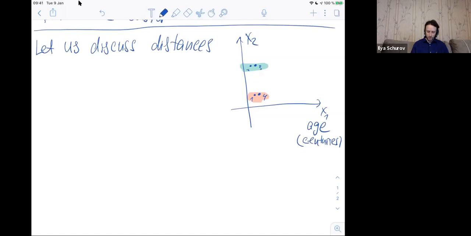And x2 will be another value, for example, some duration of some sound. I don't know what this sound is, and this duration is measured in, for example, milliseconds.